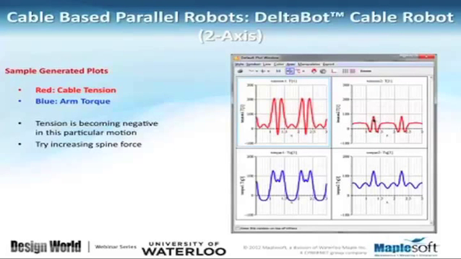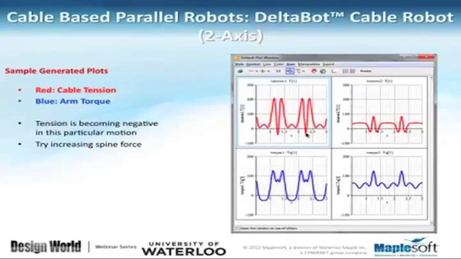Now, as you see, both of these two cables going into negative tensile forces, which is a compressive force, which means that the cables are going to be a slack. Now, the blue lines are showing the torque that goes into the motors. And again, as you see, the torque is mostly positive except for a short period of time here. Now, having negative torque, there is nothing wrong with that. What is, again, important here is not to have any negative force in the cables.